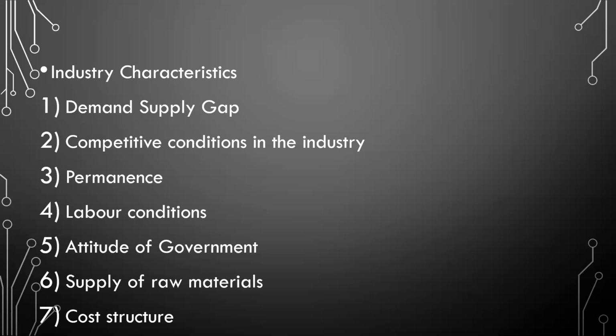Next one is competitive conditions in the industry. So we have to take into consideration the various competitive forces. That is, whether there's a barrier for new entrants in the industry, whether that particular industry is facing a threat of substitution, whether the bargaining power of the buyers is more, or if the bargaining power of the supplier is more, or if we have too much rivalry in the form of competitors.